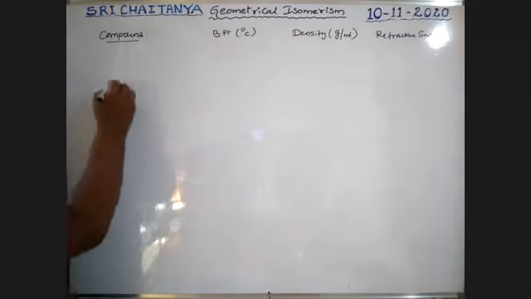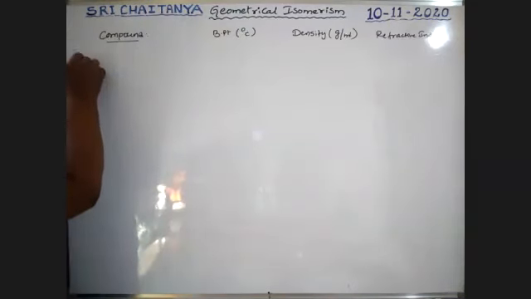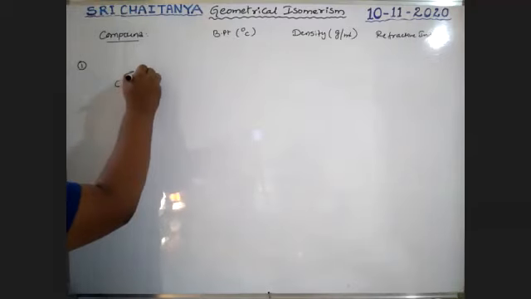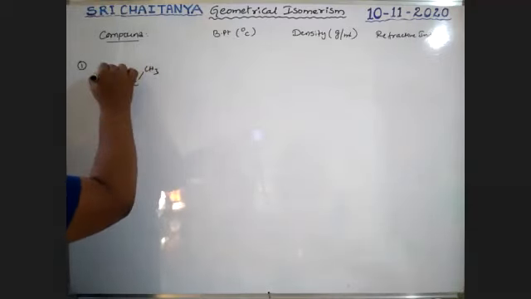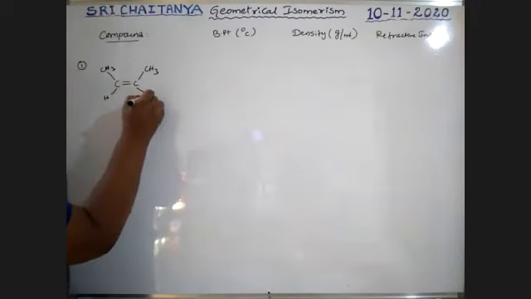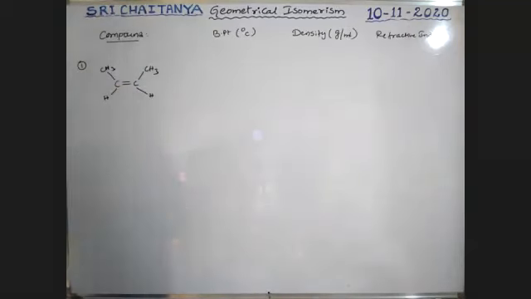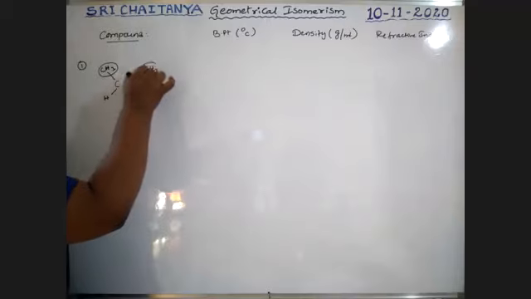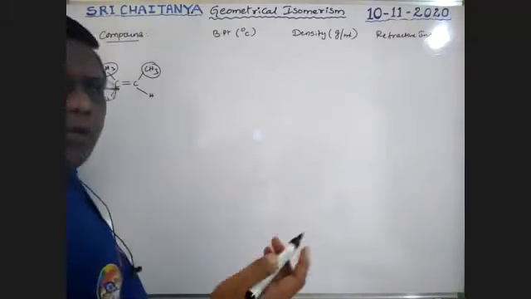Let us take the first compound. See here, first compound, C double bond C. It is bonded with a methyl group on each carbon, and this is hydrogen, boys. It is a cis compound. Here both methyl groups are electron donating groups, boys.